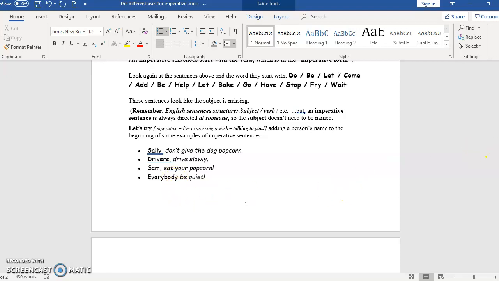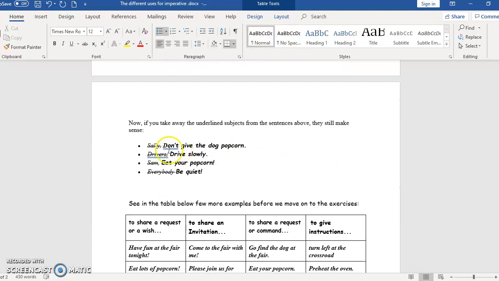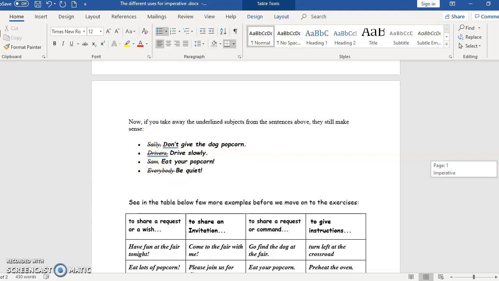Now, directing it at those people, I can easily leave the subject away and it still makes total sense. Don't give the dog popcorn. Drive slowly. Eat your popcorn. Be quiet. So you see, there is a subject, but it is just not named.